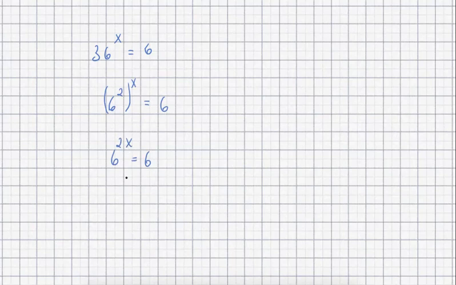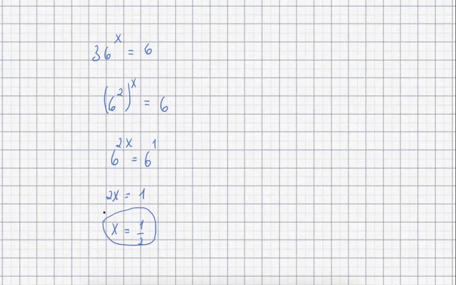So we can write that 2x equals, what's the power here? 1. So 2x equals 1. If the bases are the same, you can compare the powers. Then you divide 1 by 2, and x is 1 over 2. That's it.